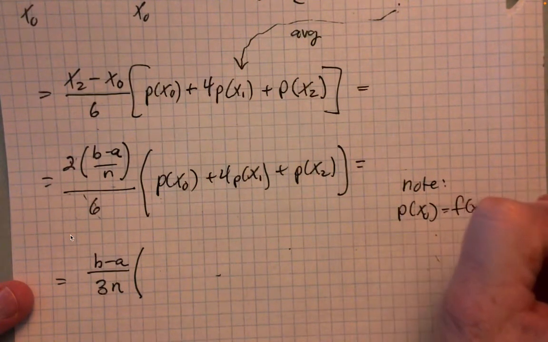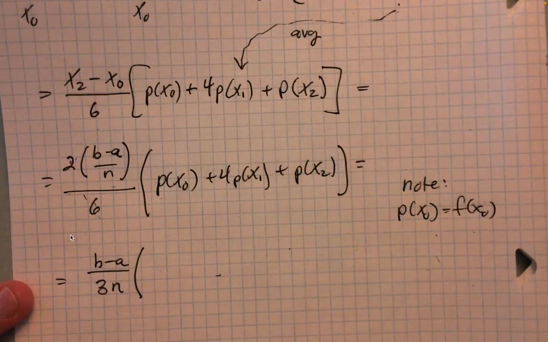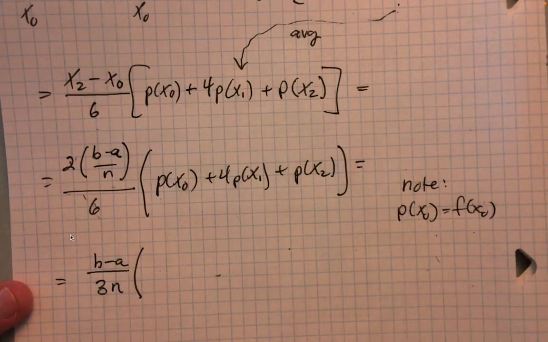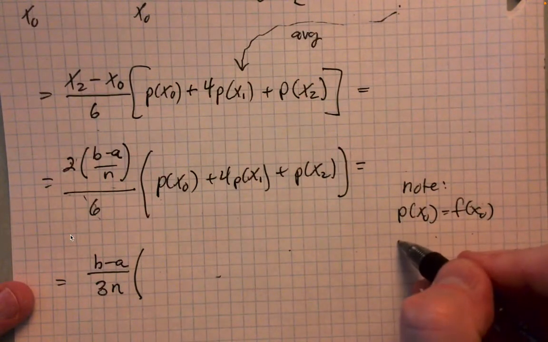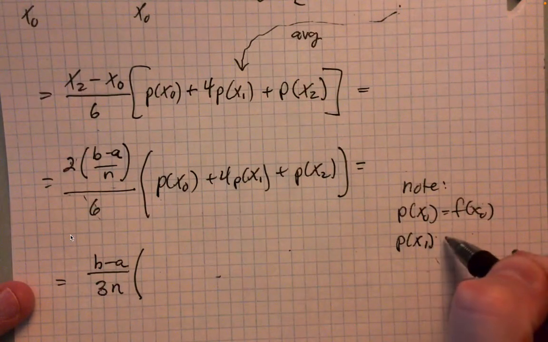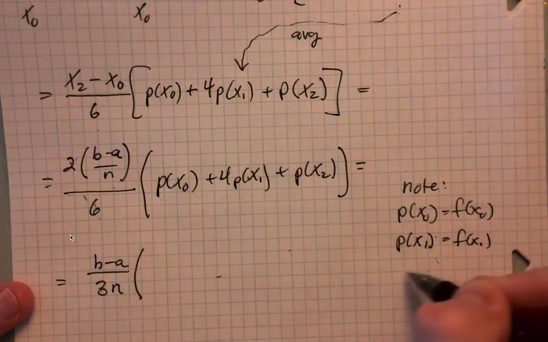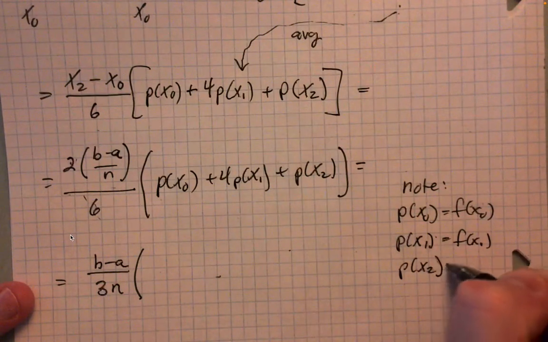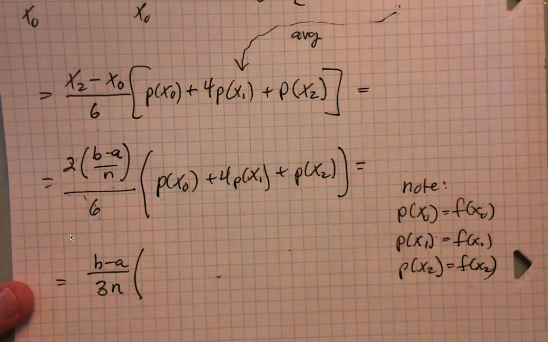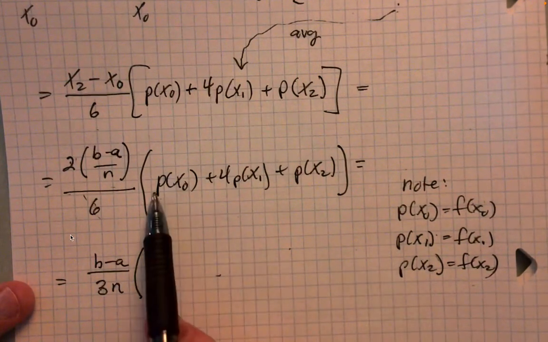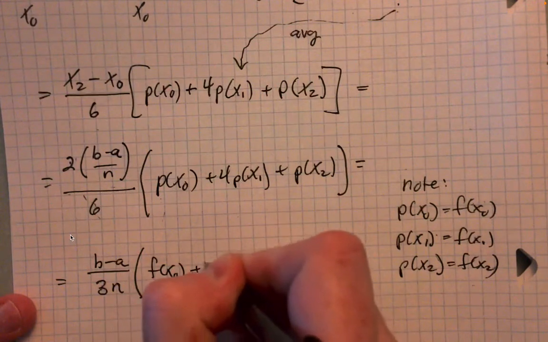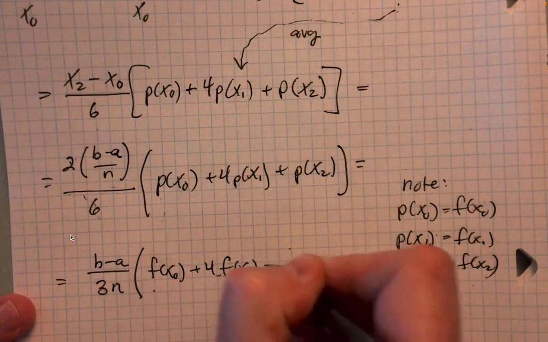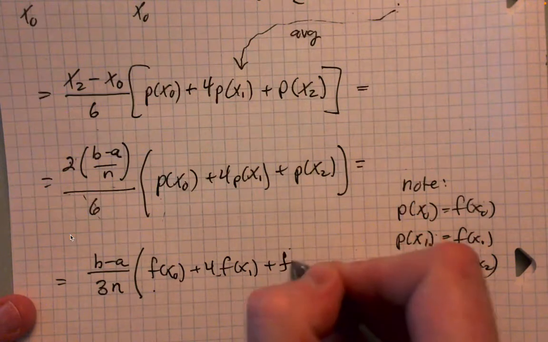Now p of x0, let's write this over here, note, p of x0 is equal to f of x0. That's what we required of p, that it be equal to f at these 3 points. p of x0 is f of x0, p of x1 is f of x1, p of x2 is f of x2. So instead of using p, we can just plug f back in here: f of x0 plus 4 f of x1 plus f of x2.